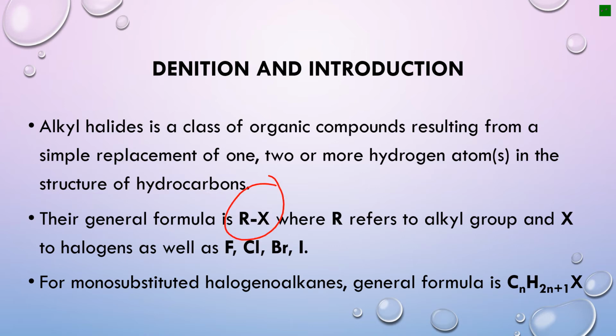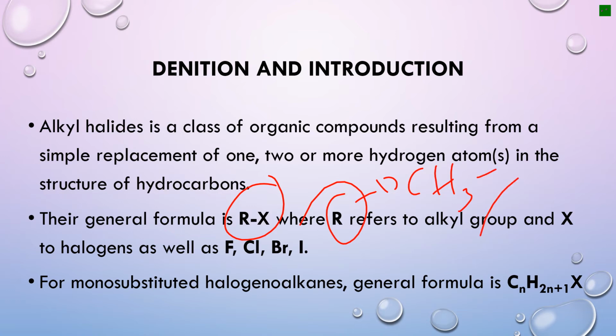Looking at RX, this is an abbreviated way of writing alkyl halide, where R represents an alkyl. The alkyl group, as you remember, is an alkane which has lost a hydrogen atom. For example, if it was methane and it loses one hydrogen atom, it will become CH3, which is called methyl.